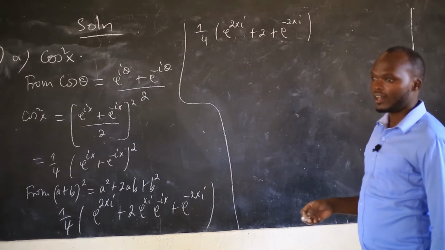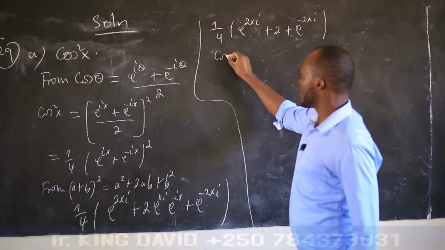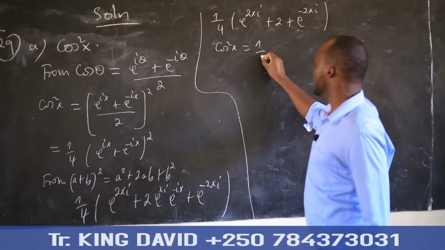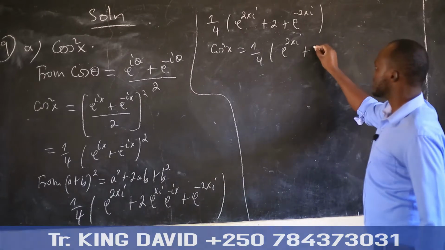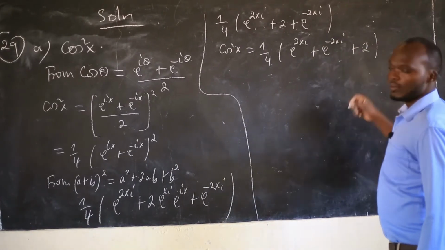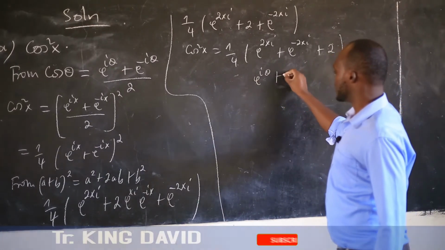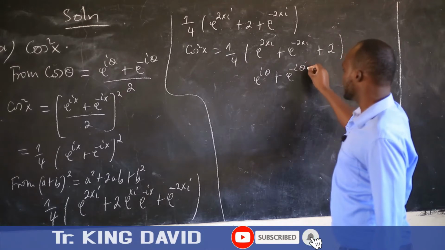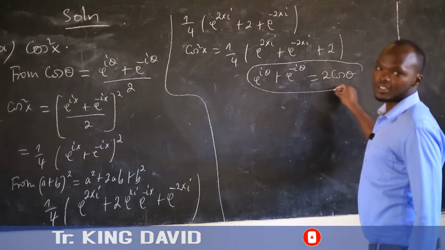Then we collect the exponentials that are related. So cos squared x, the answer is 1 over 4 into bracket e power 2xi plus e power negative 2xi plus 2. Remember, when you have e power i angle plus e power negative i angle, the answer is 2 cos angle. So we're going to use this.